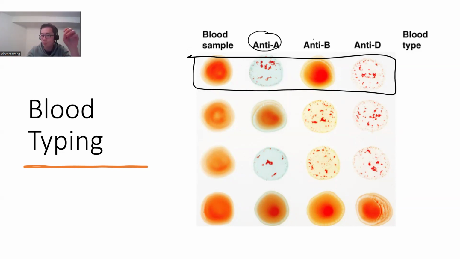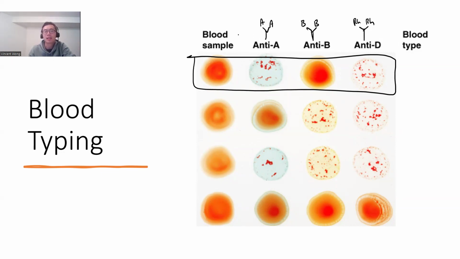The antibody is not from the person. The antibody is already in the plastic plate. In the first well there would be anti-A antibody, and in the second well there is anti-B antibody, and then anti-D means anti-Rh. There's a reason it's called D, but whatever. Anti-Rh, it's fine.